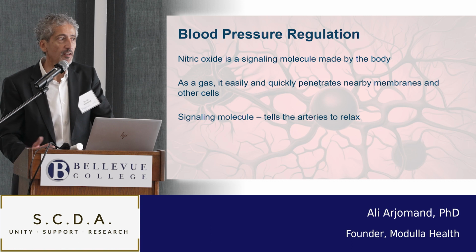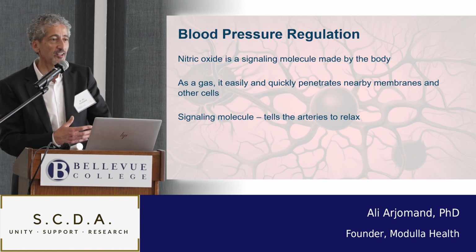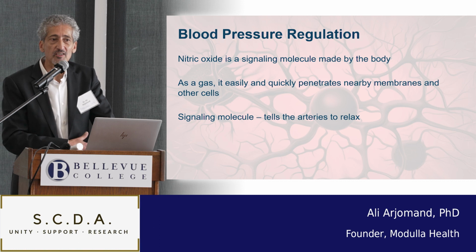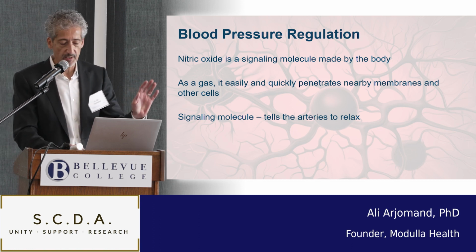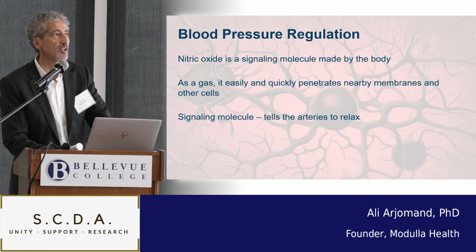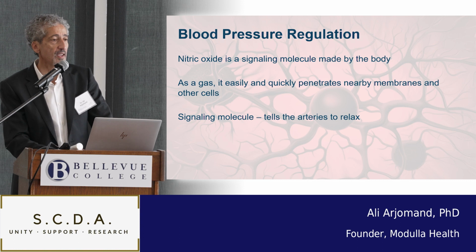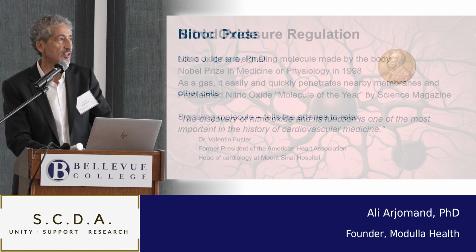When you go on a treadmill, all of a sudden your body is like, okay, I need more blood in my legs, and they need the oxygen and to pick up the waste. So the blood shifts in its distribution and sends it to your legs where it's needed. This is an intricate and delicate signaling action, and nitric oxide is intimately involved in all of this. And so your body makes it on demand when it needs it.